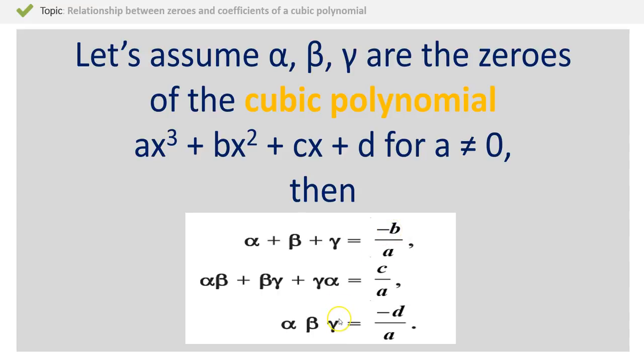And the product is again minus the constant term divided by coefficient of x cube. However, the sum of products of two zeros, alpha into beta plus beta into gamma plus gamma into alpha, is equal to coefficient of x divided by coefficient of x cube.